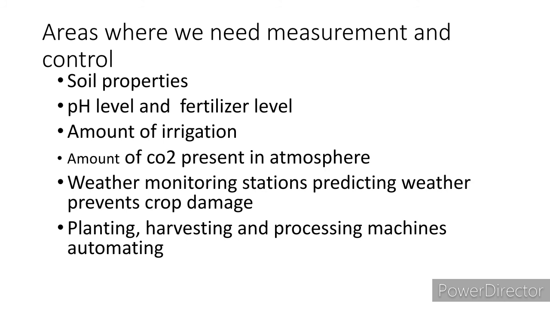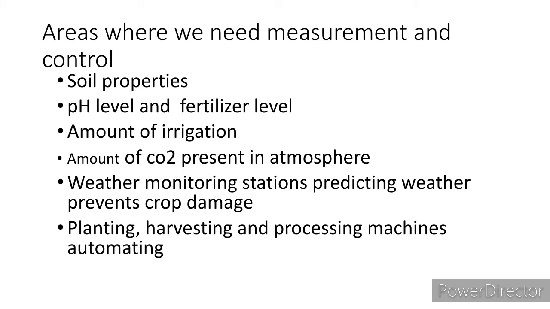Now, when it comes to measurement and control for agricultural purposes, the main thing which we do is measure the properties of soil, like pH level and fertilizer level, nitrogen level, etc., and the amount of organic materials present in the soil, which is very necessary for the plant growth.